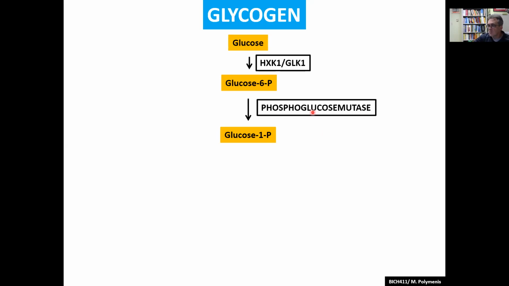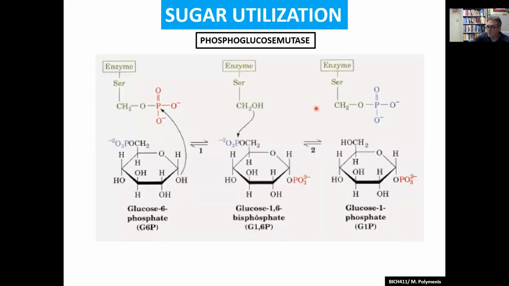The enzyme that does it, we've already seen, so we're not going to go into too much detail. We saw it in galactose utilization, going in that case from glucose 1-phosphate to glucose 6-phosphate. As I said at the time, this is a completely reversible reaction. Here we're going to go from glucose 6-phosphate to glucose 1-phosphate.